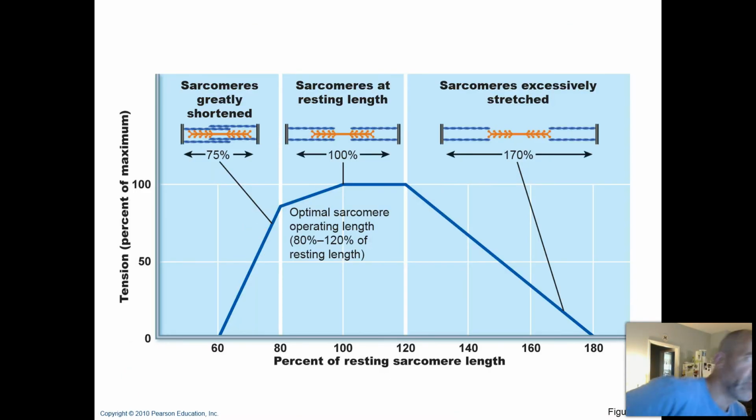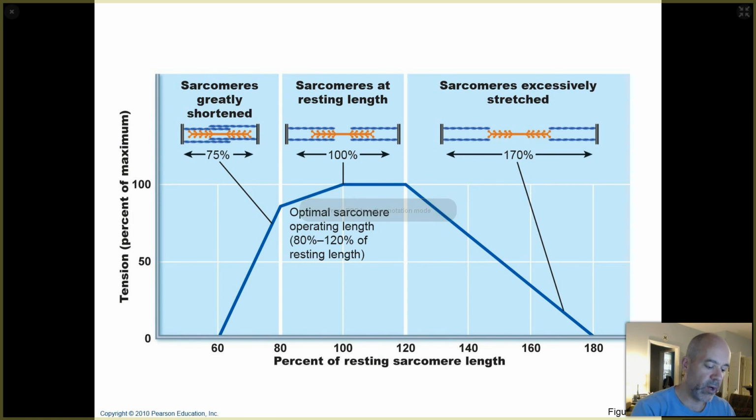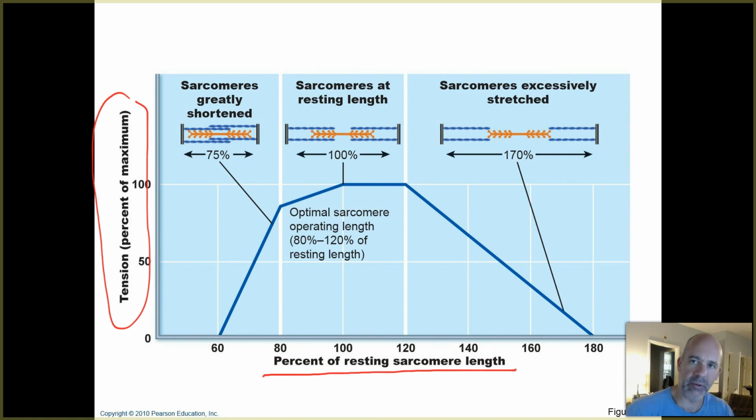All right, so what in the world do we mean by that? Okay, so we've got another graph here that we're taking a look at. Over here on the left, this is going to be the percentage of maximum possible tension within a muscle. And then we're graphing that there on the blue line. Now on the x-axis here, this is percent of your resting sarcomere length.